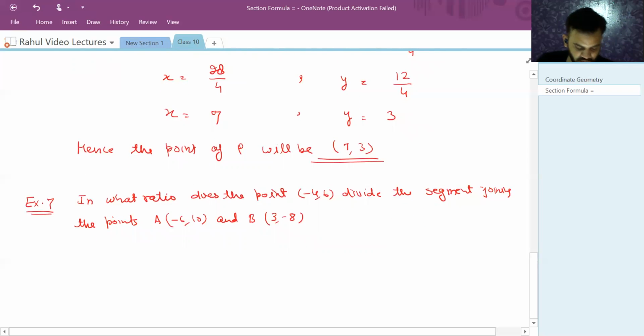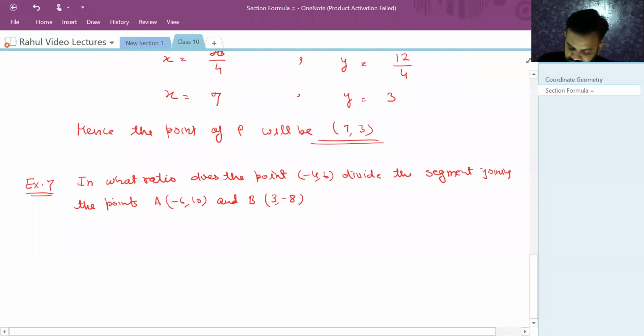Okay, so you have to find out the ratio in which the point divides the line. Suppose this is your line AB.